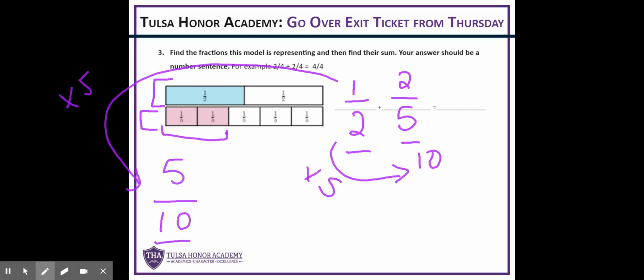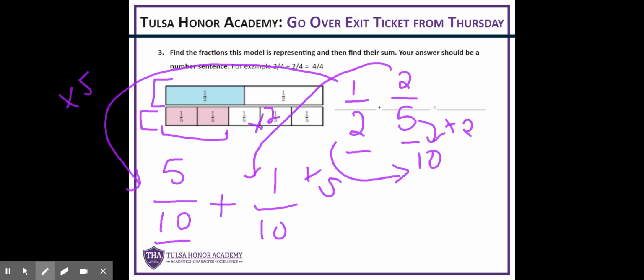So this would be 5 over 10 plus, and then we also have to get this one to 10. So we multiply by 2. And then over here, we're also going to multiply by 2. So then 2 times 2 is 4. So our new number sentence is 5/10 plus 4/10 equals 9/10.